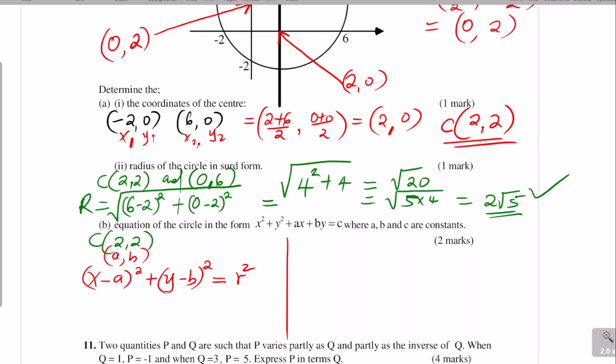Just substitute the center: x minus 2, squared, plus y minus 2, squared, and the radius we use is root of 20, so we need to square that.